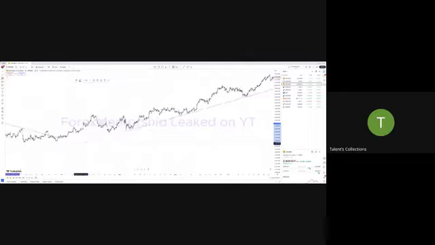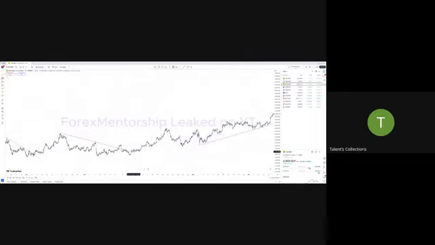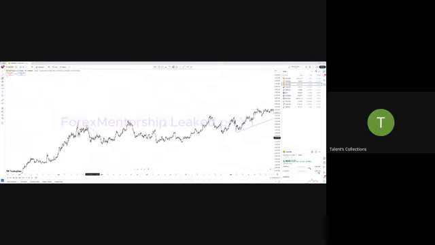Price broke out here. Although this is an internal structure, so I won't really give this a go anyway. It is an internal structure, but yeah, it's a trend line. Breakout, we tested. So draw a proper trend line.